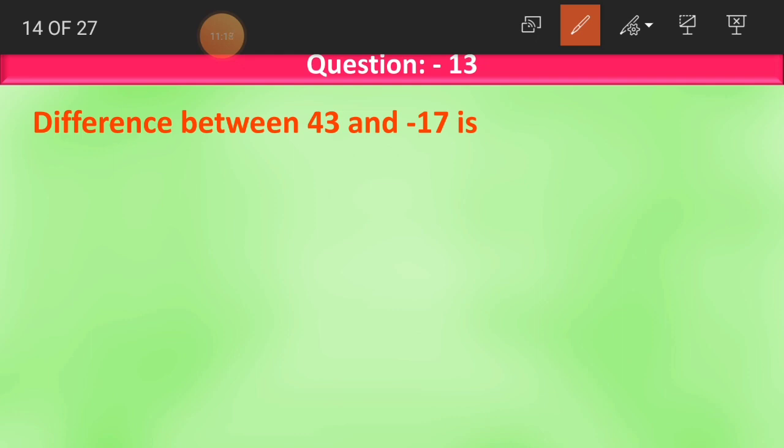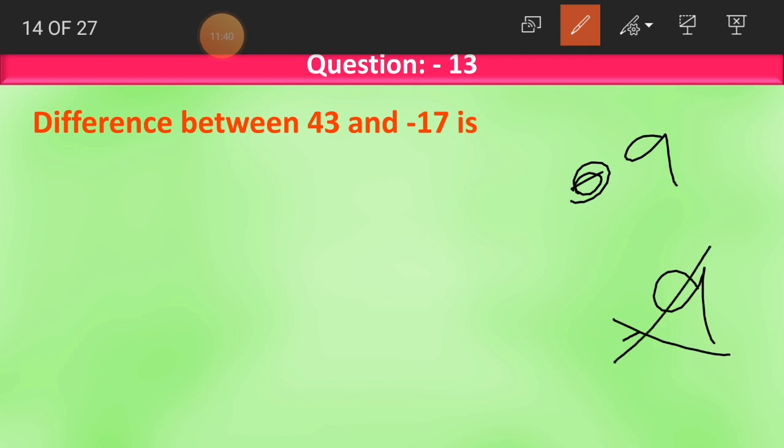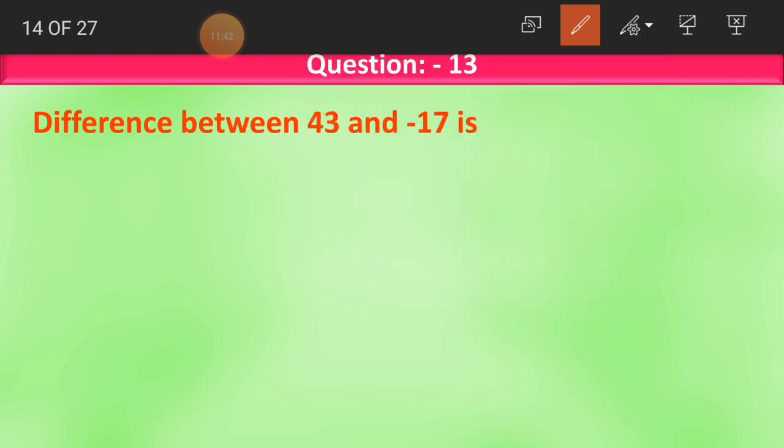You also should know which sign the result will have, because if you put the wrong sign in the result, say my correct answer is minus 9 but you wrote 9, because of the absence of the sign your answer will become wrong. So you have to be very careful with integers.